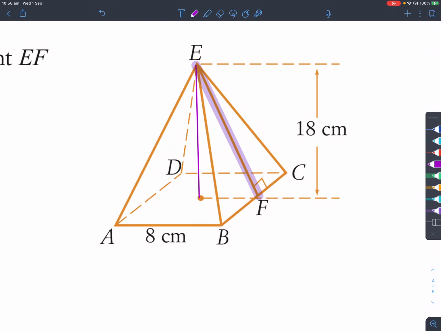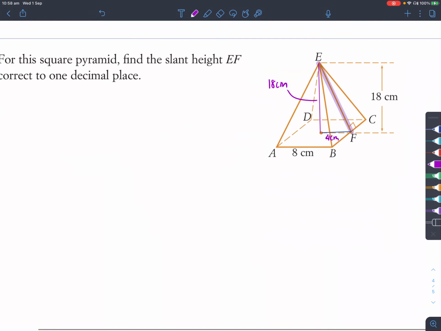So this part that I've drawn is 18 centimeters in height. I read it wrong. Whereas the 8 on the bottom is the distance from A to B, or this distance here, which I'm drawing also, but half of that, sorry, I should say, is going to be 4. So that bit there is going to be 4 centimeters. So now we've got a triangle that's right angled.